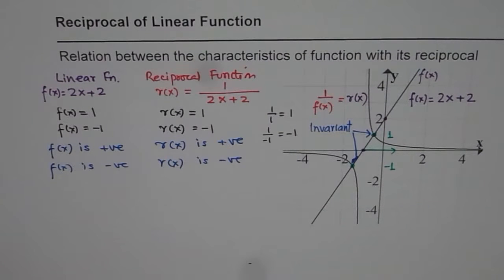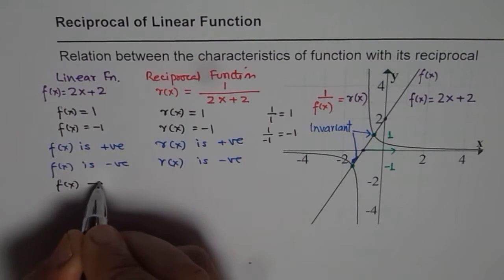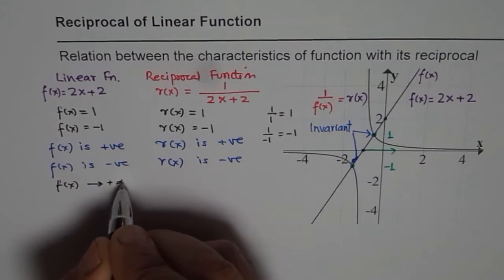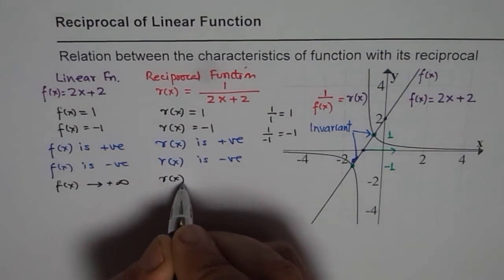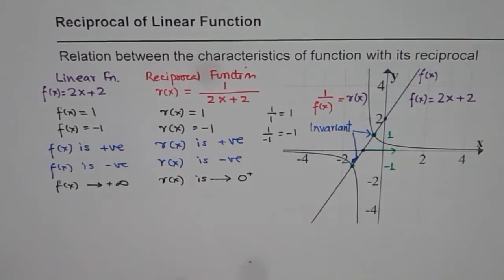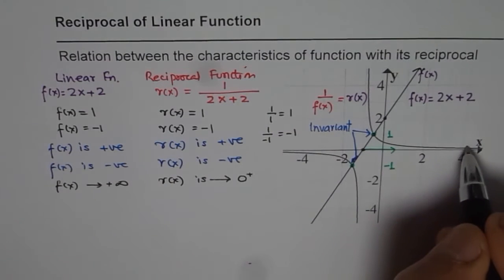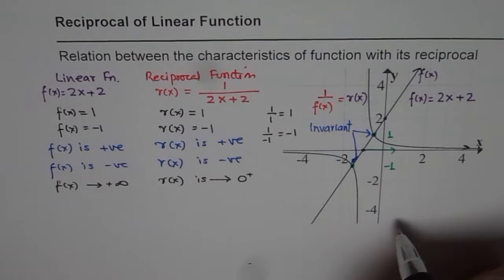Now another thing which we'll notice here is that when f of x is approaching positive infinity, then r of x is approaching 0 but from positive side. As f of x is increasing, do you see that part? Then r of x is decreasing and approaching 0, correct?